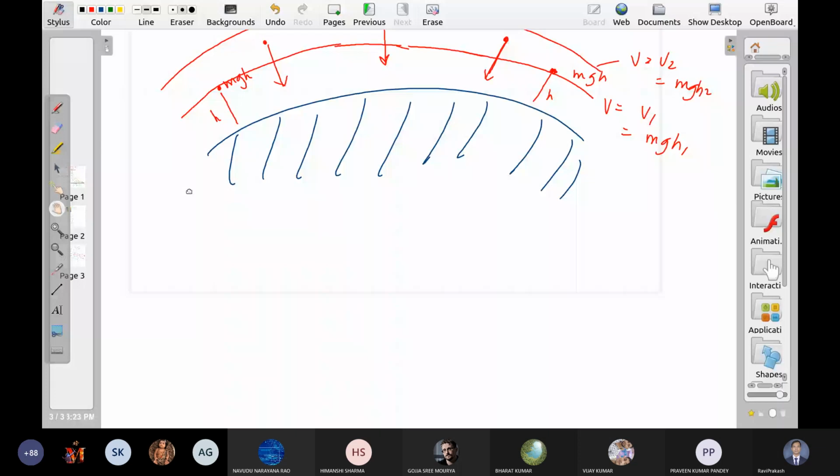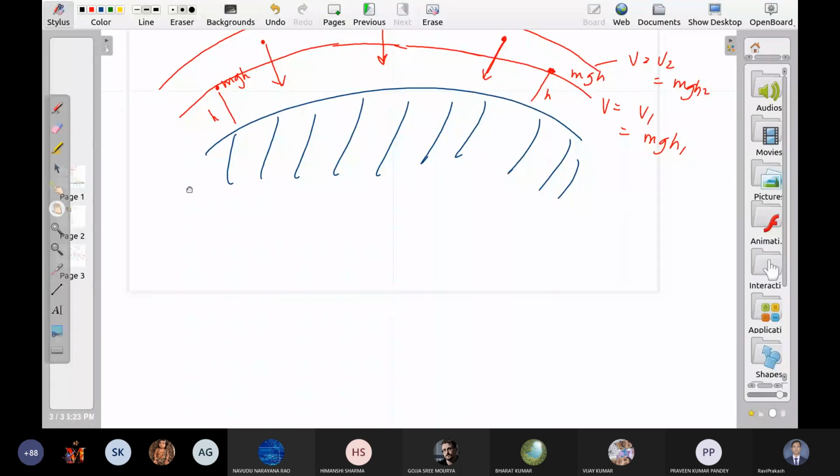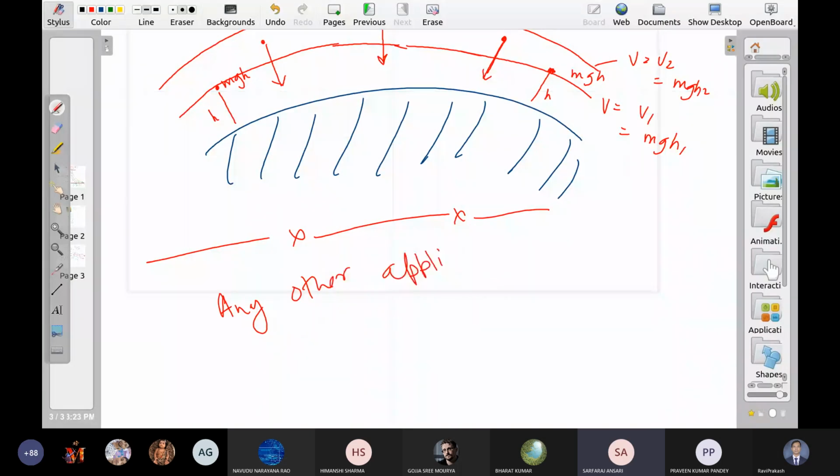Can you think of any other benefit of gradient? Sir, if we have to find the angle between two planes, we use gradient. How do you find the angle between two planes? Sir, first we will find the gradient, then take the dot product, and then calculate.